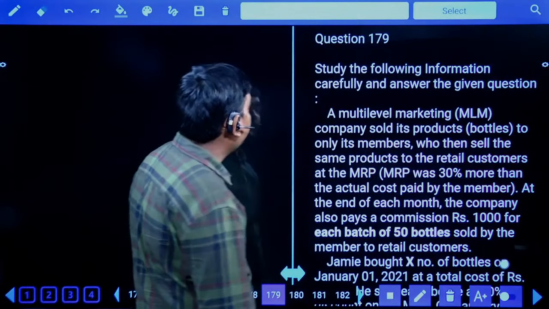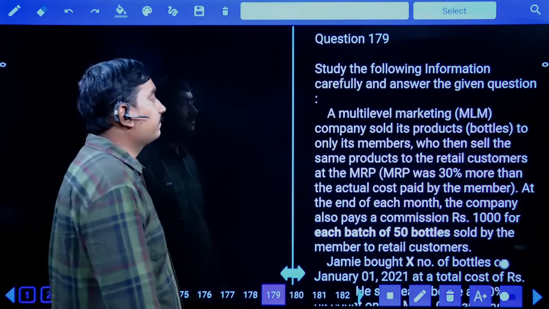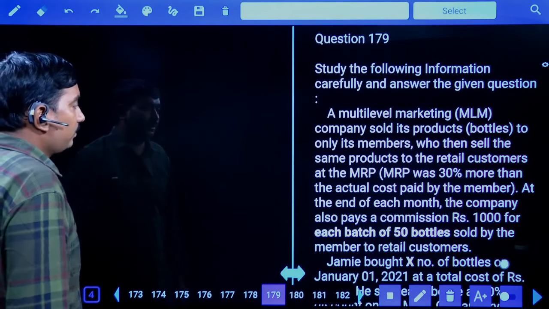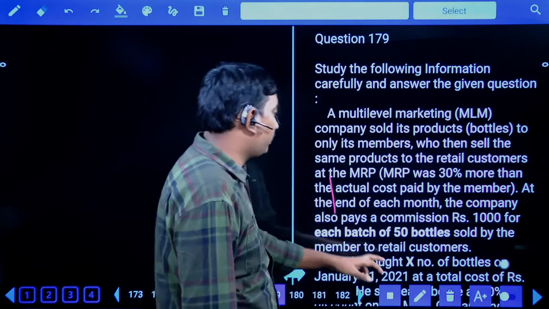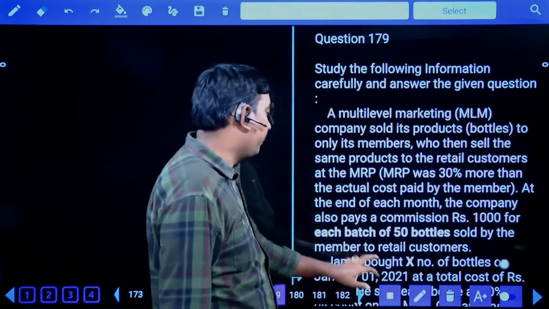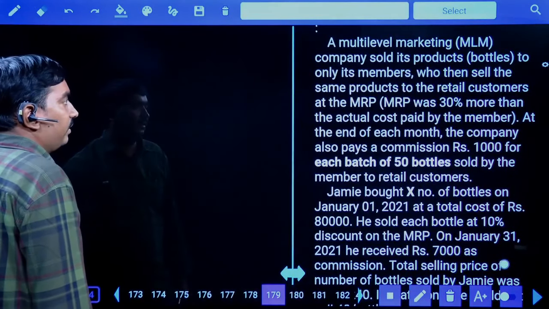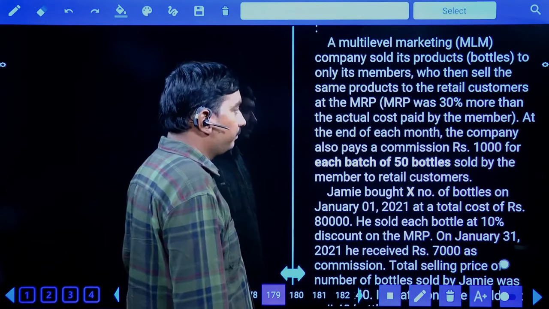Next question. Study the following information carefully and answer the given questions. A multi-level marketing company sold its products to only its members, who then sell the same products to the retail customers at the MRP. MRP was 30% more than the actual cost by the member.